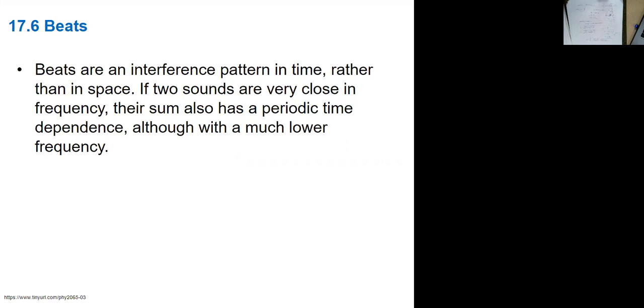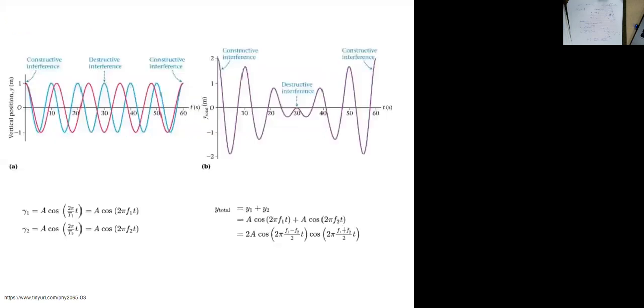Now, similarly, if two waves come out of their sources and their sources differ slightly in frequency, then when they arrive at the same location, the arguments in the sine function should also differ slightly. So the difference in frequency will lead to a difference in phase again.